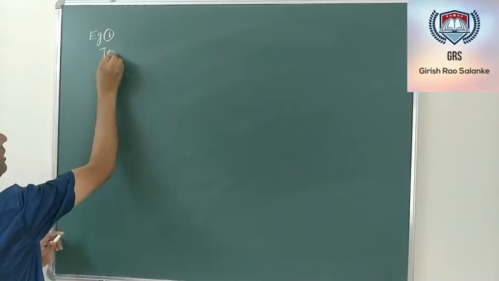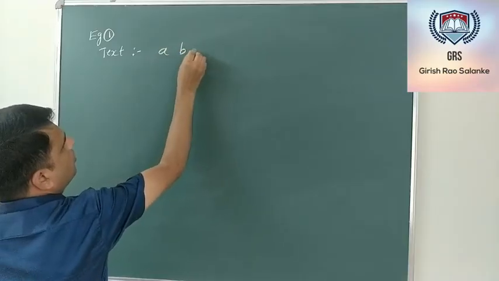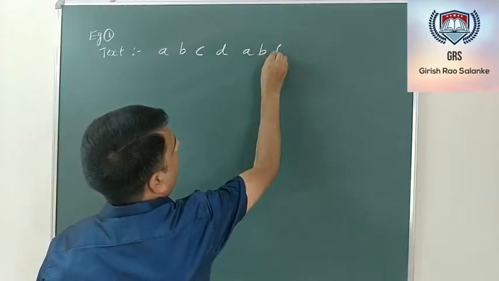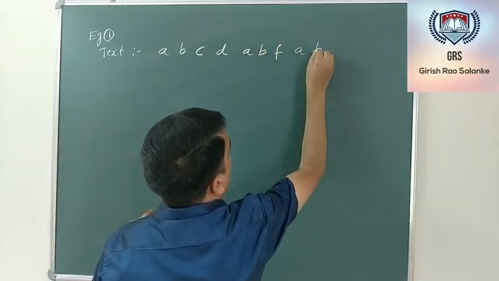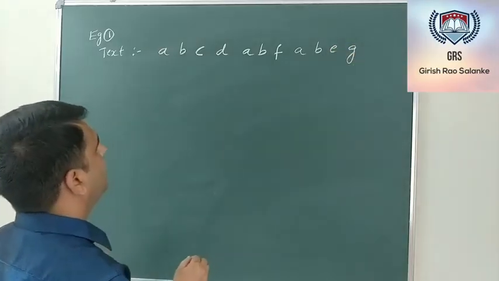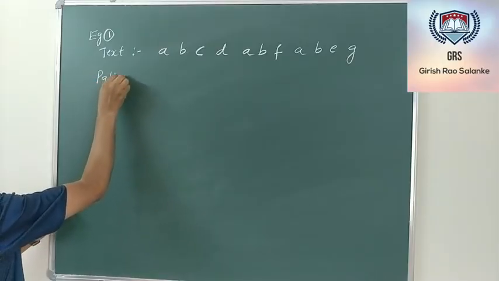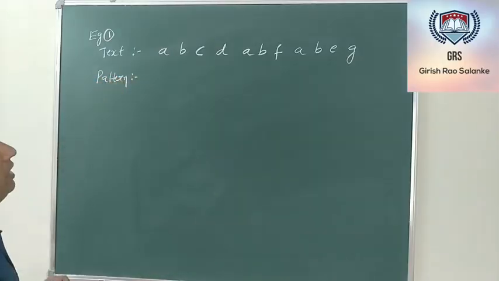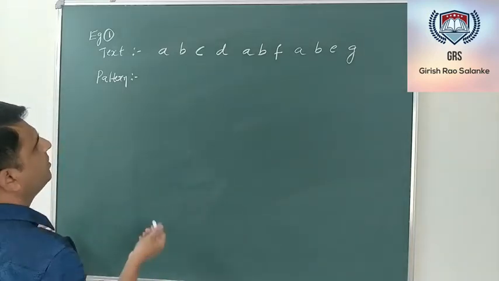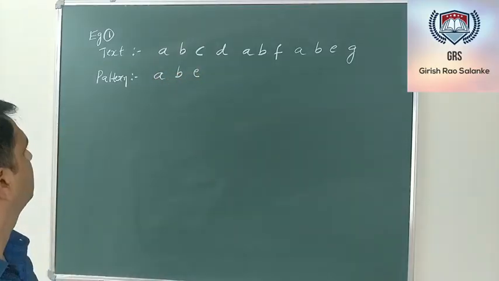Let me assume that my text is denoted with A, B, C, D, A, B, F, A, B, E, G, something, and let my pattern be ABE.